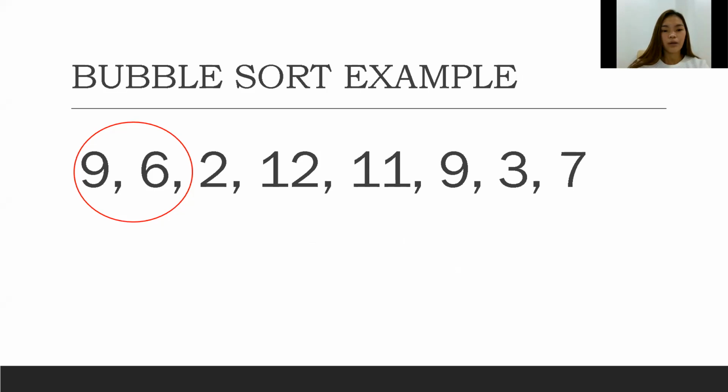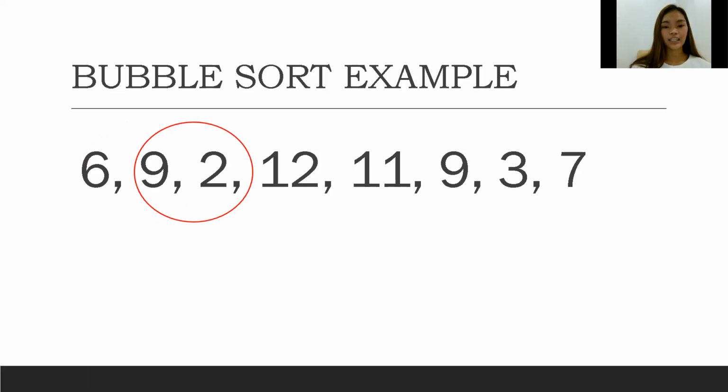As you can see, bubble sort compares the numbers in pairs from left to right. If a number is higher, we move it from left to right. On our first numbers, since 9 is higher than 6, all we have to do is swap them, so it's going to be 6 and 9.